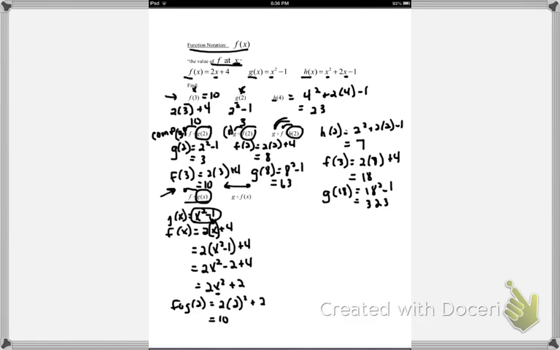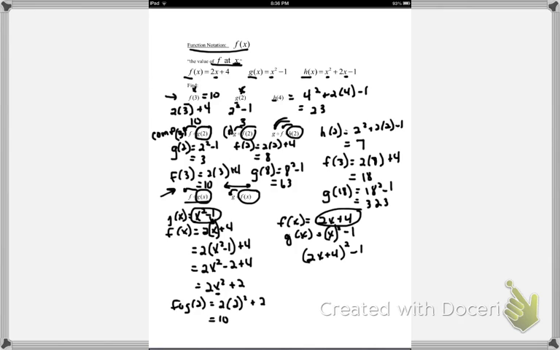G of f of x says start with the f of x and roll that into the g. So we're going to start with your f of x. We're going to put it into your g of x. Take the entire equation and replace this x. Notice the square still is there.